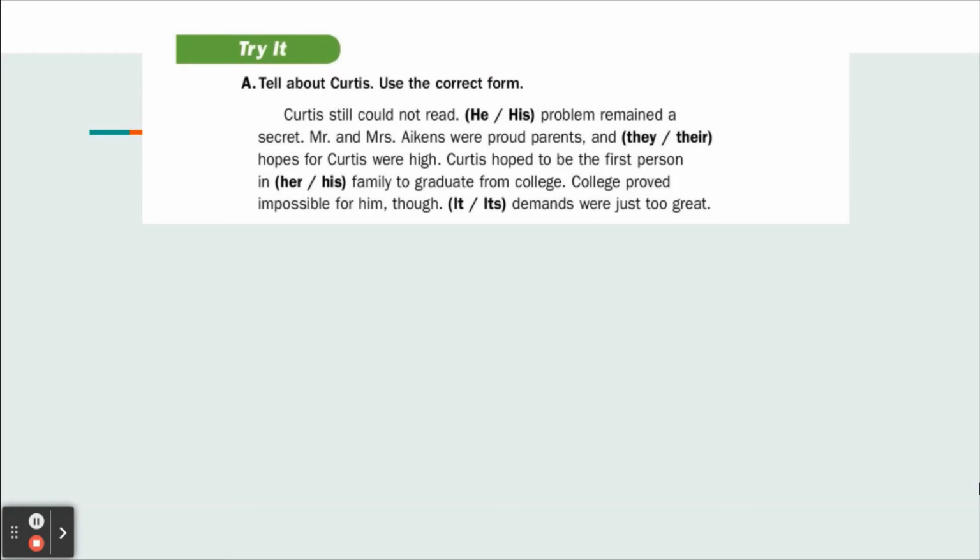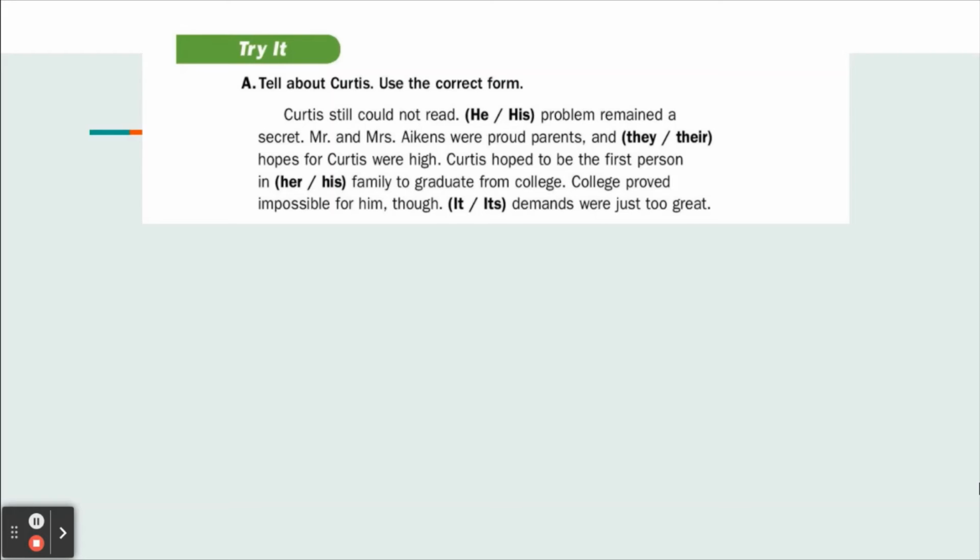He has the problem. So we have to demonstrate that it is his problem, right? So his problem remained a secret. Curtis's problem, okay? Not his parents, not his sister, but Curtis's problem. So his problem. We're replacing Curtis with the possessive adjective his.